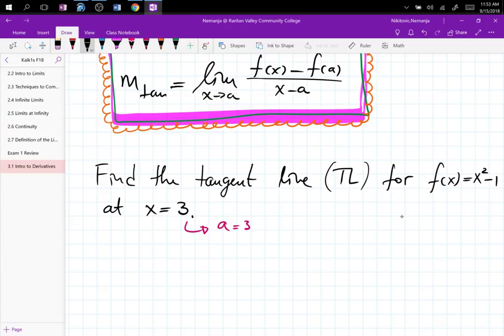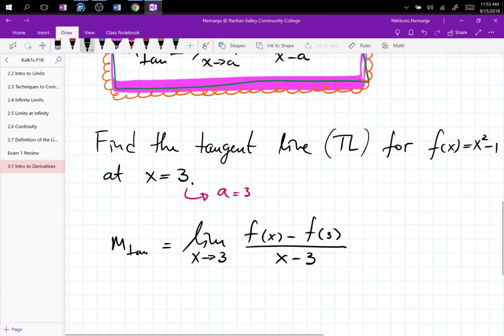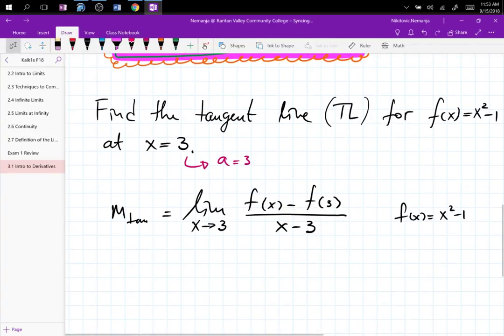If I plug all of this in my limit, I will get that m tangent is equal to the limit as x goes to 3, because a is 3, of f of x minus f of 3 divided by x minus 3. I also know that f of x is x squared minus 1, and I can plug that in as well.